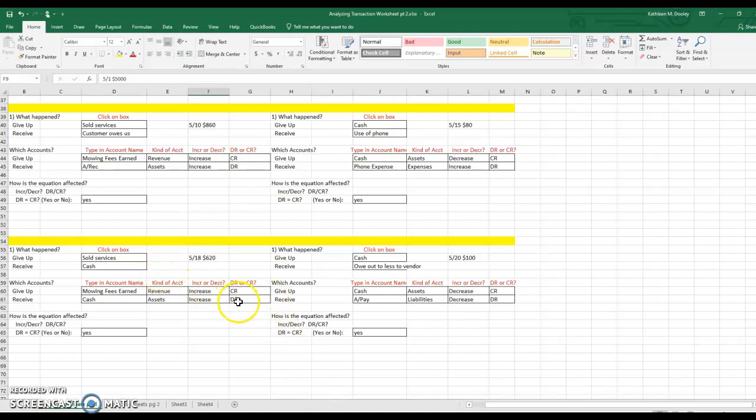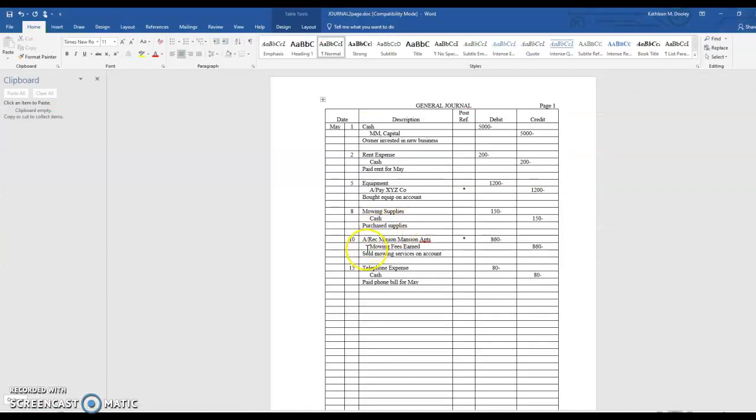Next one, we're debiting cash, crediting mowing fees earned on the 18th for $620. Debiting cash, crediting mowing fees earned.